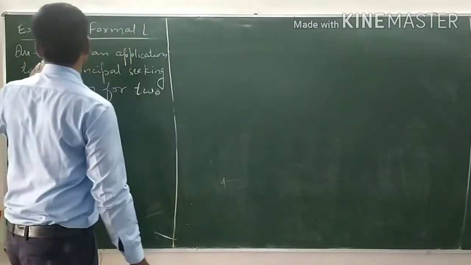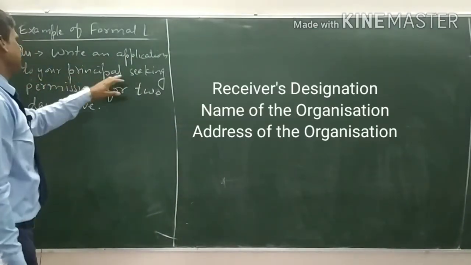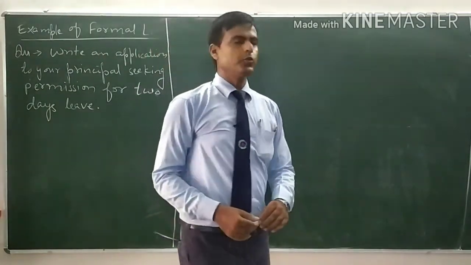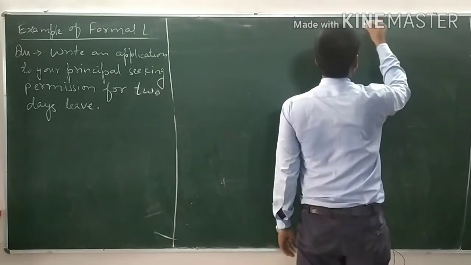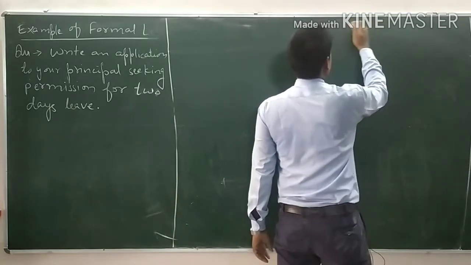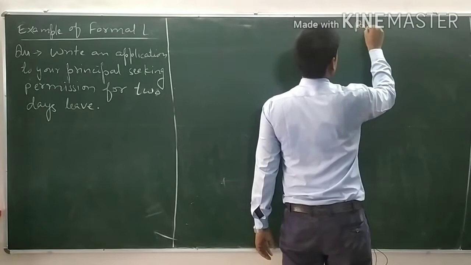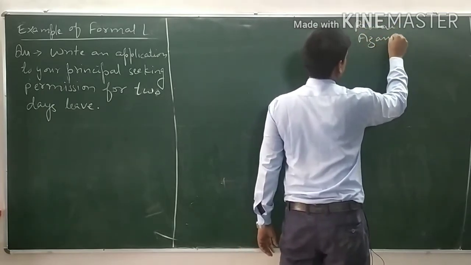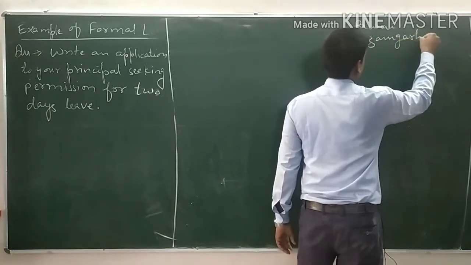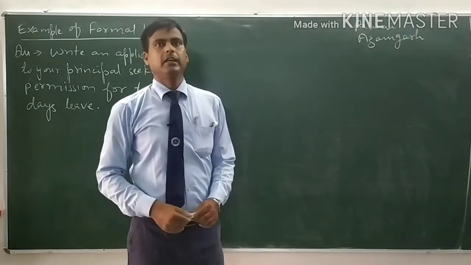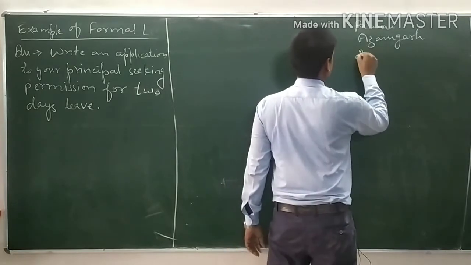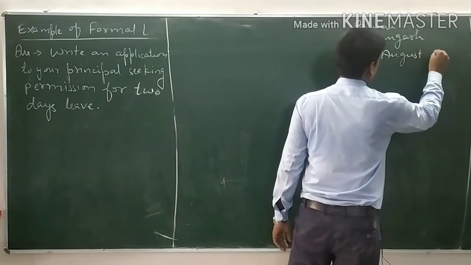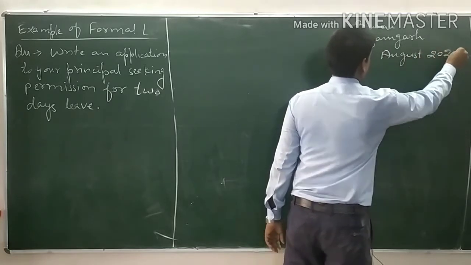So the question is, write an application to your principal seeking permission for 2 days leave. As I told you, first of all we will write the sender's address. Here the sender's address is Powai, Azamgarh, and after writing the sender's address we will write the date, 27th August 2020.